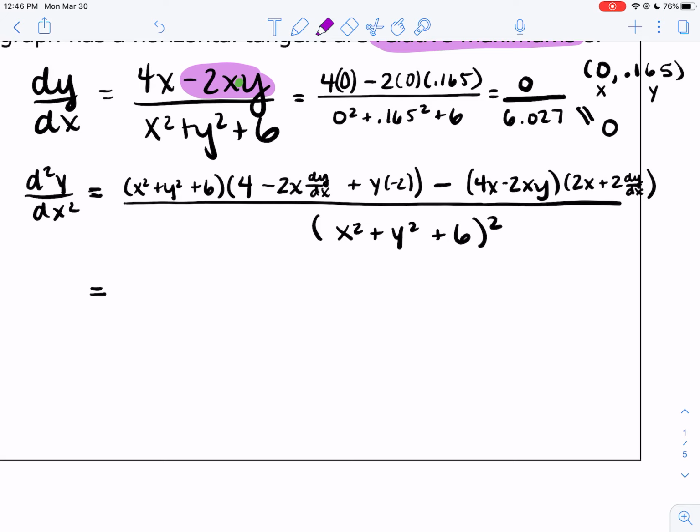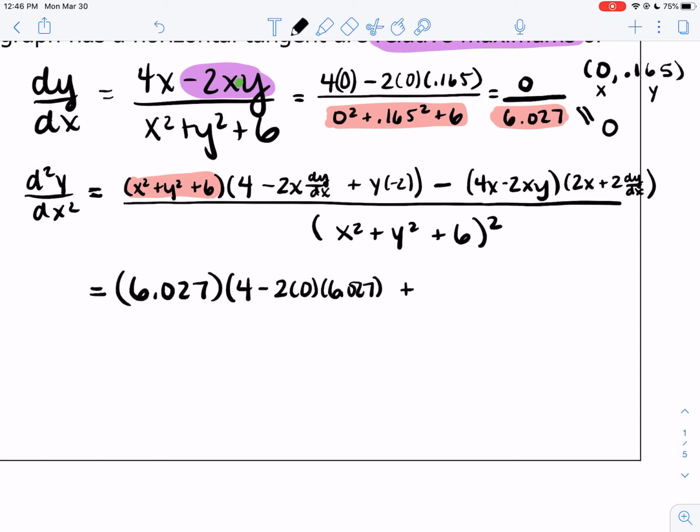Notice that the denominator here, x squared plus y squared plus 6, was the same as the denominator above. So when I substitute in that x and that y, it's just going to give me that number there. So we have 6.027. That's going to be multiplied by 4 minus 2 times 0 times your first derivative, plus negative 2 times the y value, 0.165.